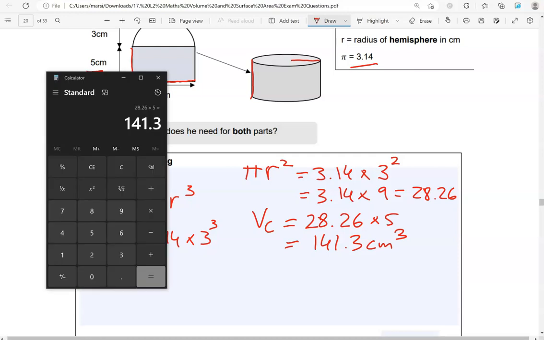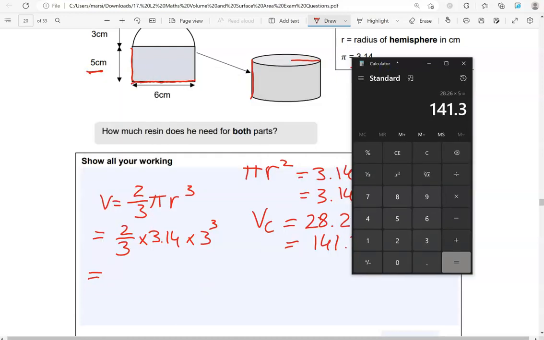So 2/3, that is 2 divided by 3, times 3.14 times 3 cubed, that is 3 times 3 times 3. 3 times 3 is 9. 9 times 3 is 27.